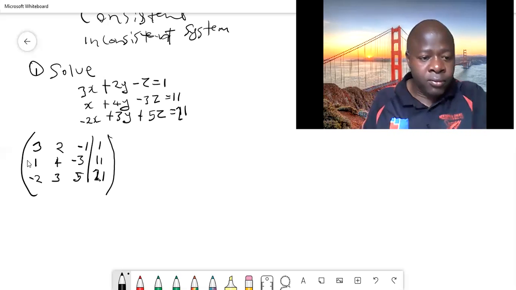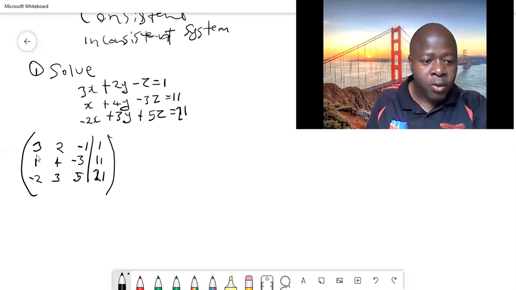Now, for me to create a 0 in this position, what I want to do is to have a 1 here, so that this 1 subtracted from this 1 will give me a 0. So how do I get a 1 in this position?